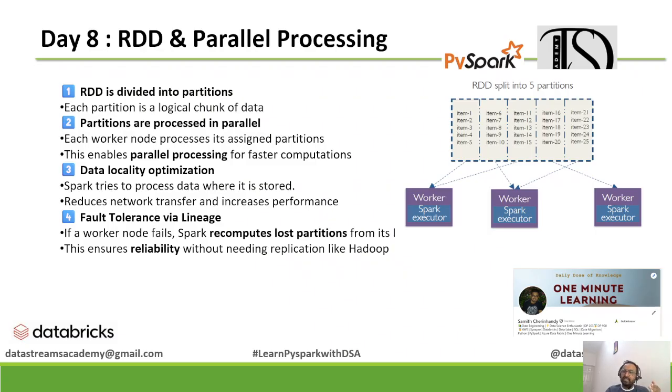So here think like your worker 3 has gone. Now what happens? Your partition 4 is not processed yet. There is a mechanism called lineage, where however it is running in parallel, Spark keeps track of what has completed and what is pending, and of node health, whether the node is working, all these things.